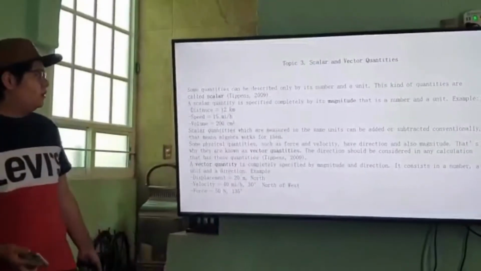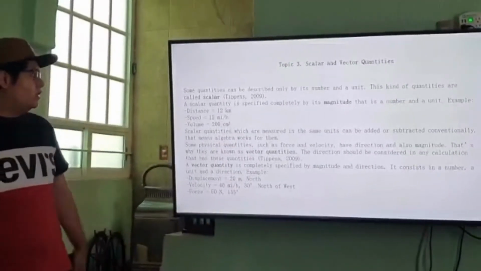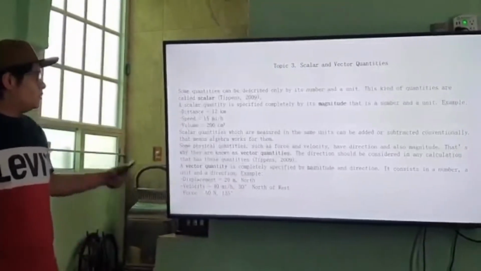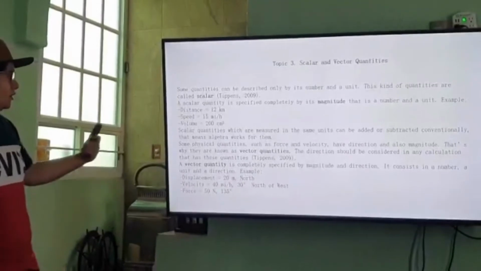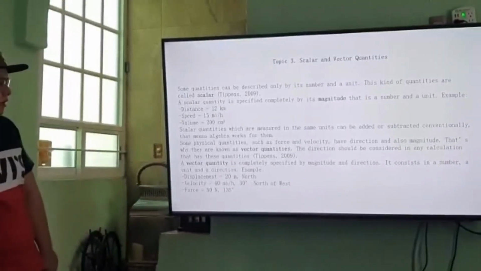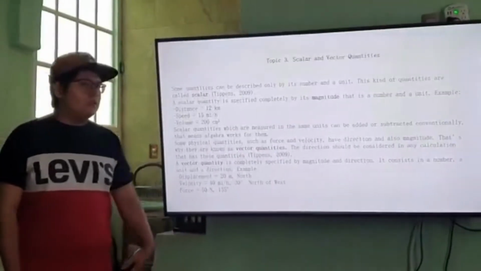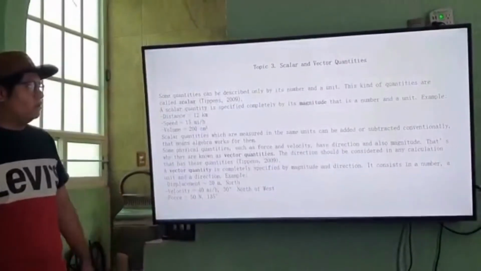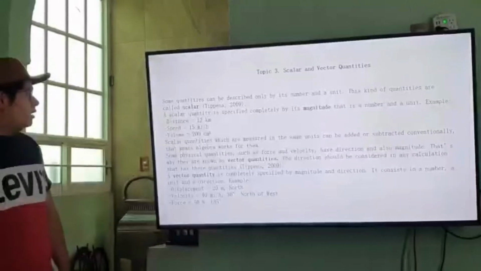The third topic talks about scalar and vector quantities. There are differences between distance, displacement, velocity, and force, but that is in another topic, so I am only going to explain what it refers to in this topic.